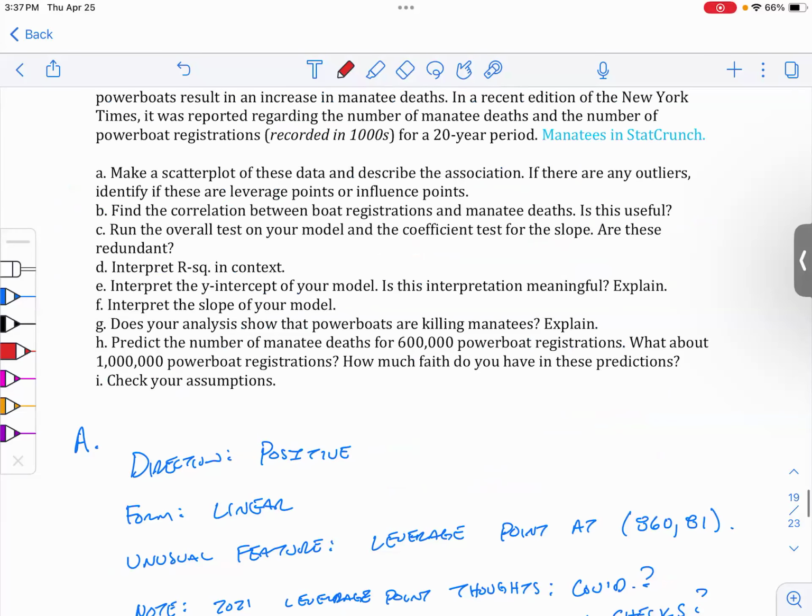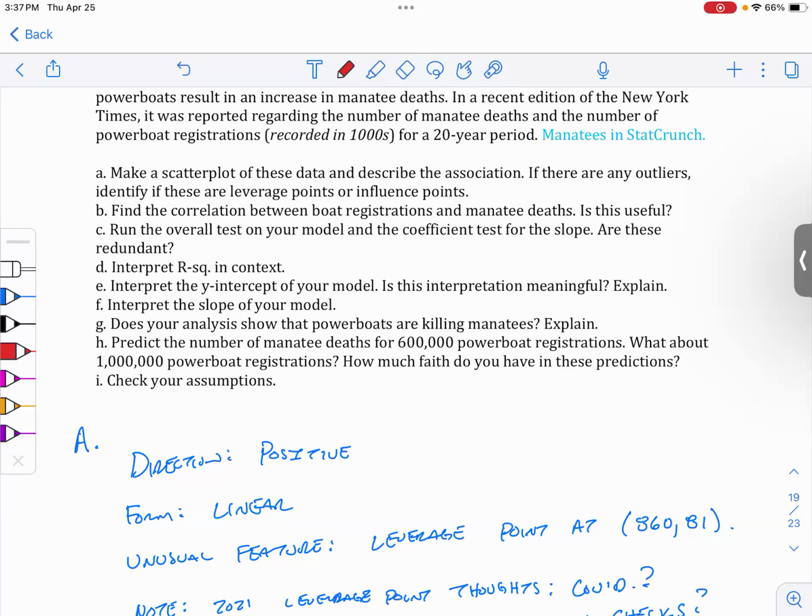Okay, let's see. Does your analysis show that powerboats are killing manatees? No, it does not. It is tempting to say that, and I just kind of got on my soapbox and argued it a little bit. The powerboats aren't killing the manatees. It's probably a byproduct, and that lurking variable, that cause, is humans.